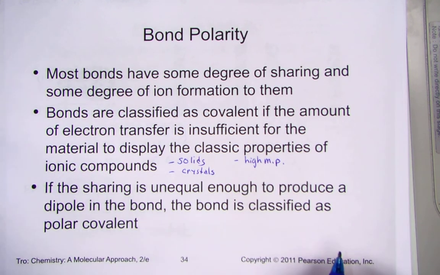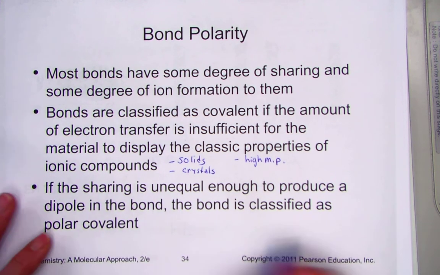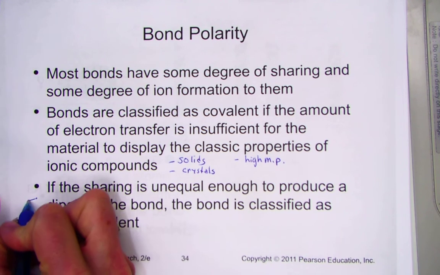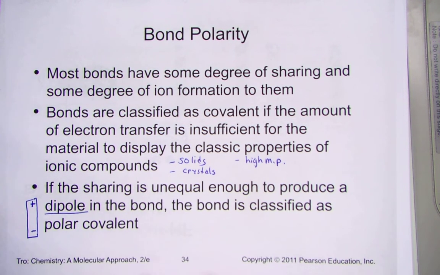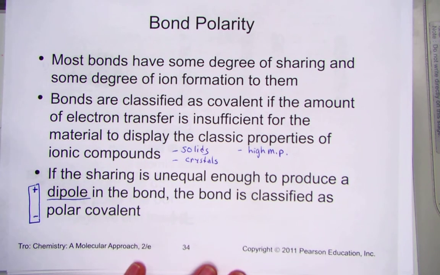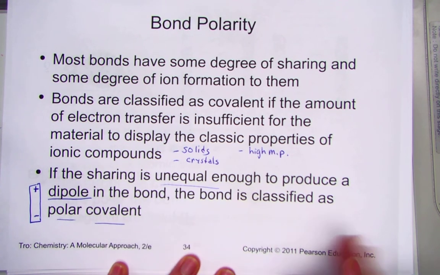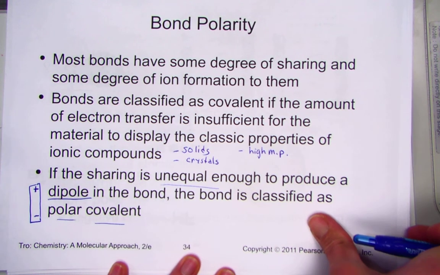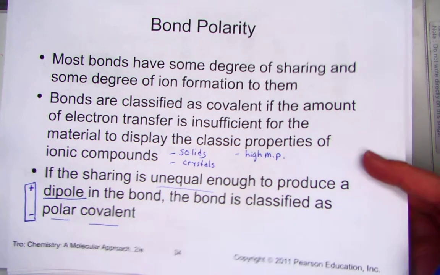Are they poor conductors of electricity? If the sharing is unequal enough to produce a dipole in the bond, a dipole, just to review, a region that has both a positive and negative, such as a bar magnet, is an example of a dipole structure. The bond is classified as polar covalent, an unequal sharing of electrons. And that happens if we have an electronegativity difference between those two atoms.